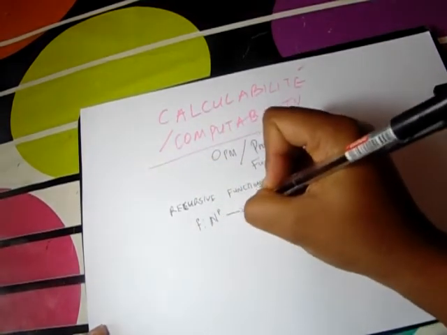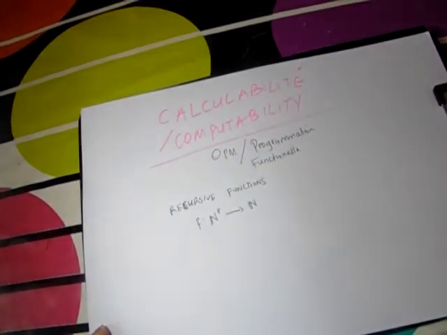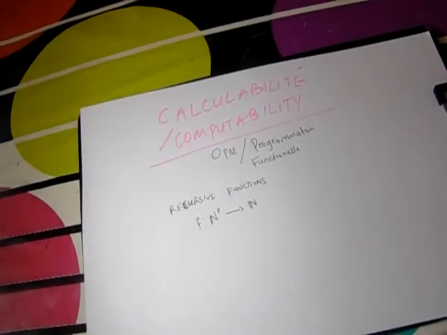This is the domain, and this is the codomain. Basically you notice that it's natural numbers to natural numbers. We're starting from natural numbers, we're ending in natural numbers, so we don't have anything to do with real numbers or complex numbers. In French we say entier, so we're having entier, vers, entier.